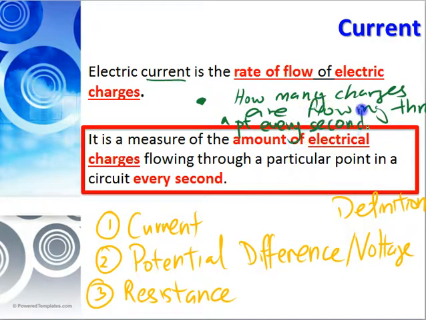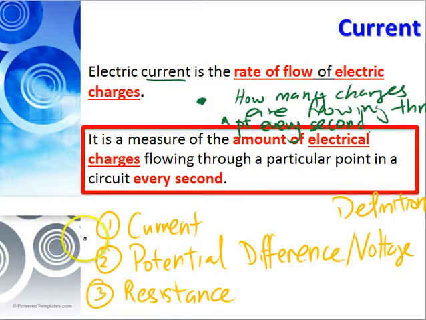That is the definition of your current. So rate of flow of electric charges is equivalent to saying how many charges are flowing through a point every second. It is a measure of the amount of electrical charges flowing through a particular point every second. So this is your electric current.